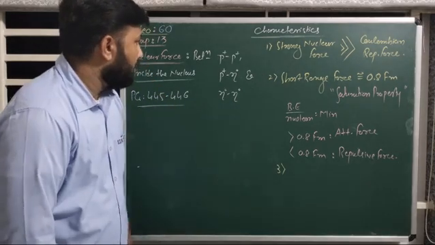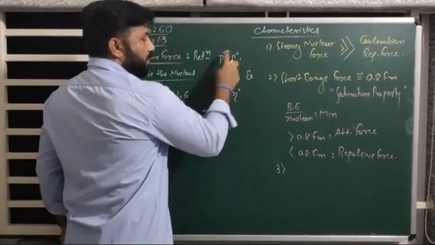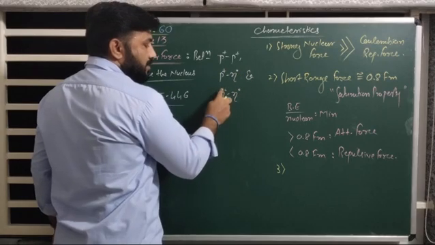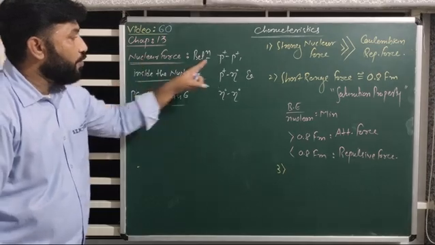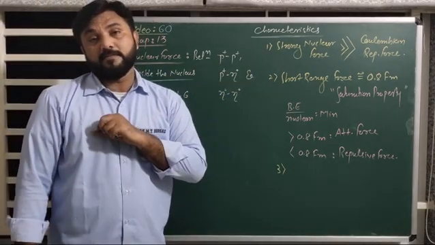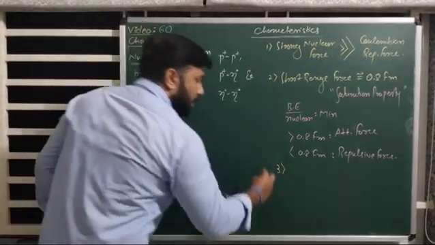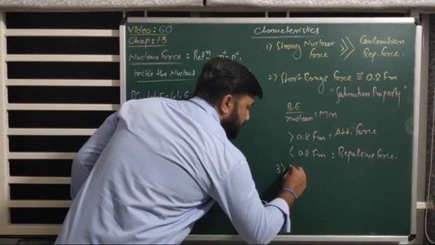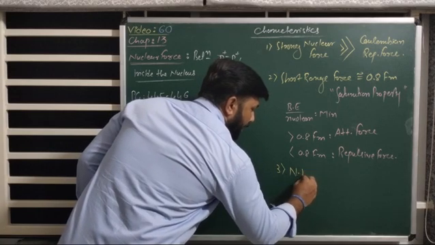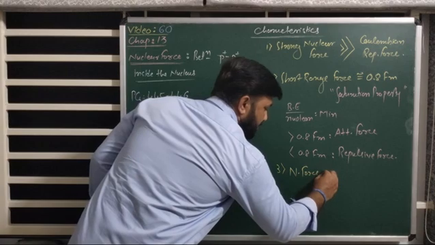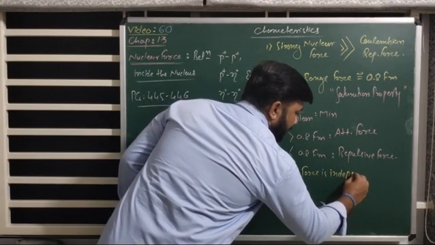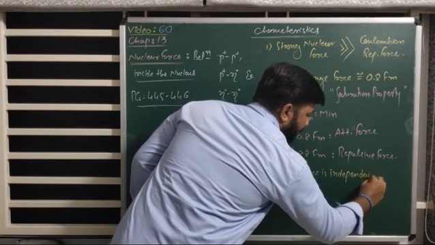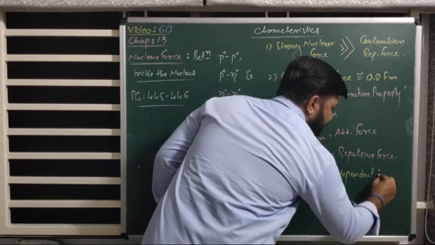Right? Third. See, here there is plus, 0 charge, 0 charge, means that strong nuclear force do not depend upon the charges. Means third property it is. That means nuclear force is independent on charges.